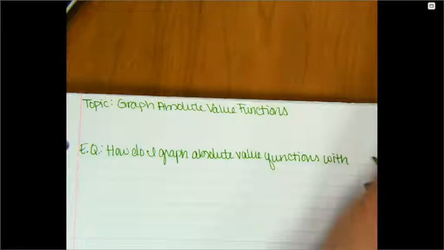Remember, is h the same or opposite? H is opposite. So what is my h? Where's h at? Inside or outside? It's inside. And what kind of 2 is that?